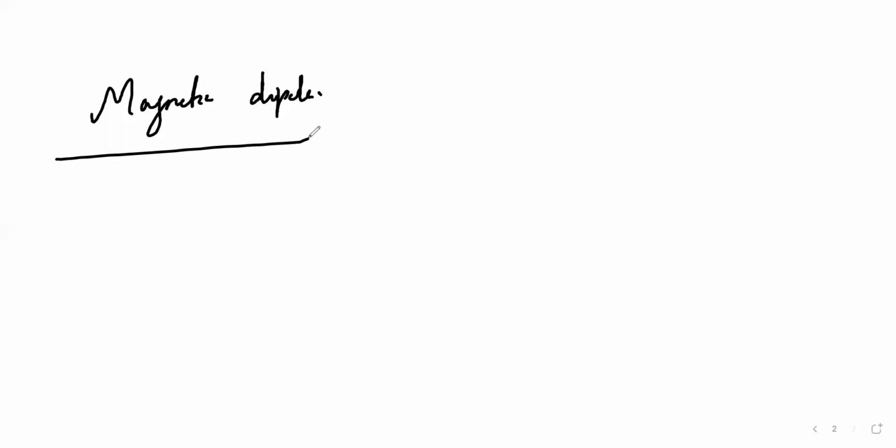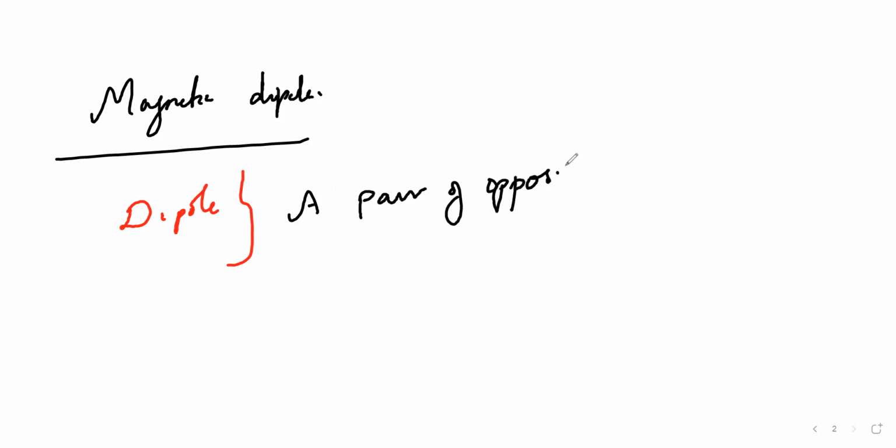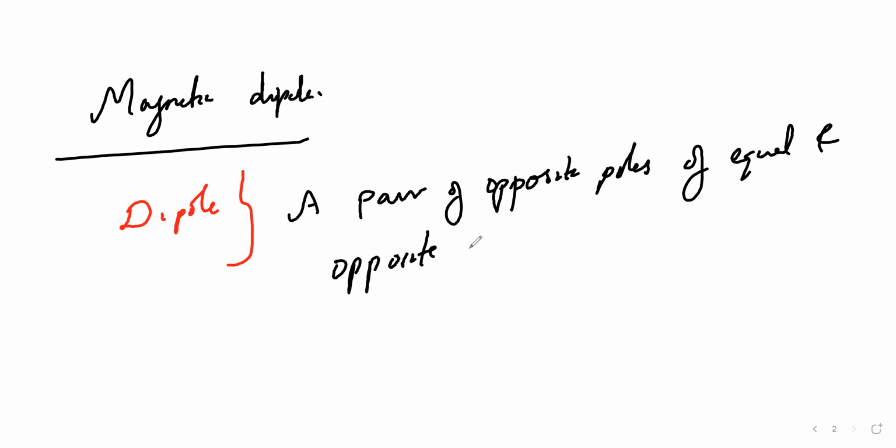If I take a dipole in case of magnetic field, it's a pair of opposite poles of equal and opposite strength.